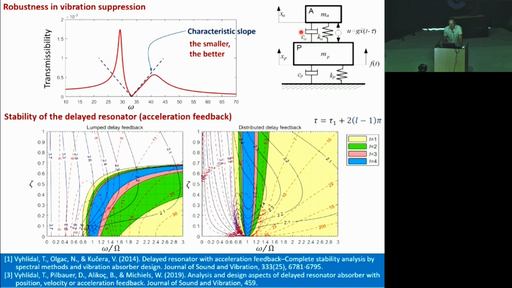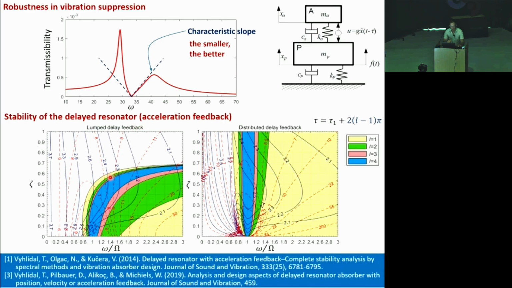So we can check. First of all, it's good to have the resonator itself stable, which is also not automatic, because we place a single root, but we have infinitely many other roots, some of which can be on the right-hand side. If you have a neutral system or acceleration feedback with lumped delay, we can even have infinitely many unstable roots. So for all the variants of the resonators, we can build stability maps.